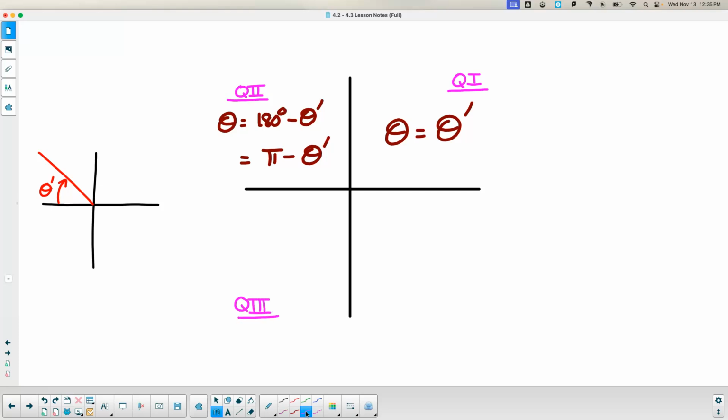I mean, this is just something you got to memorize. Okay. In quadrant number 3, that's like what we just did. So our actual theta is going to be 180 degrees plus our reference angle, or pi plus our reference angle.